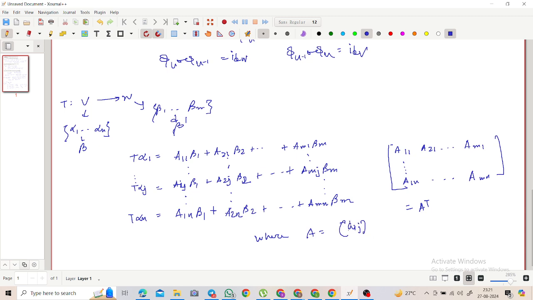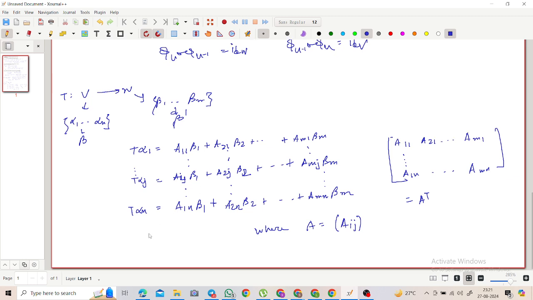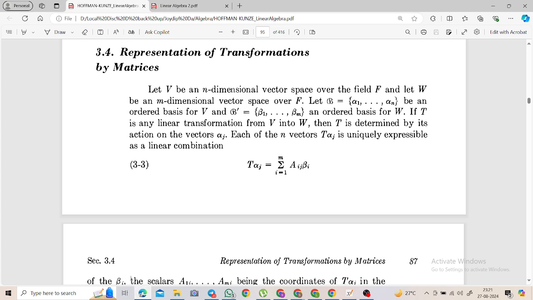So we can say that A is the matrix of T with respect to beta and beta prime. What is the order?